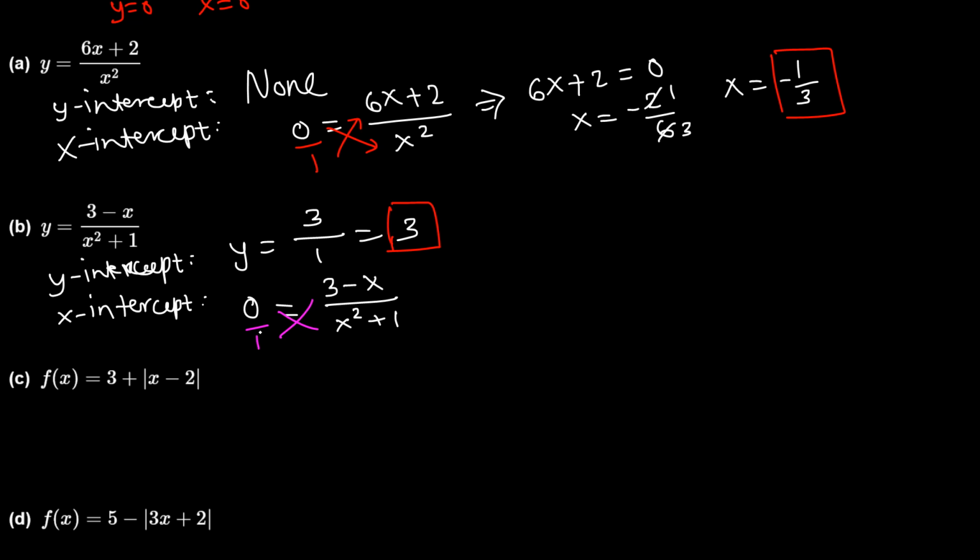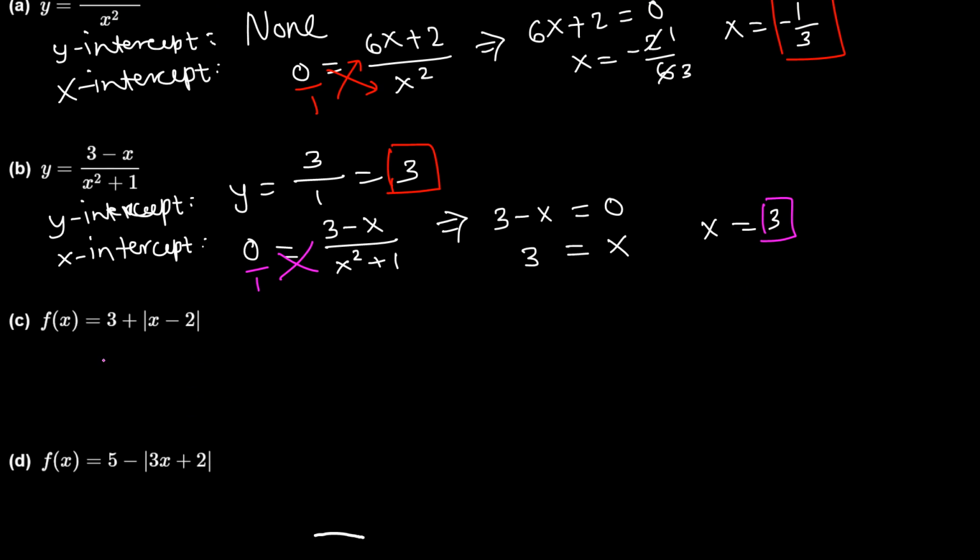So 1 times (3 minus x), which is just 3 minus x, equals 0 times the denominator, which is just 0. Now we need to isolate x. It's a negative x, right? So let's add x to both sides. That means 3 equals x, or x equals 3. So x equals 3 is the x-intercept, just one.